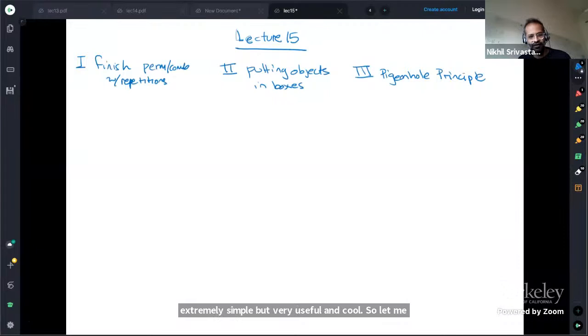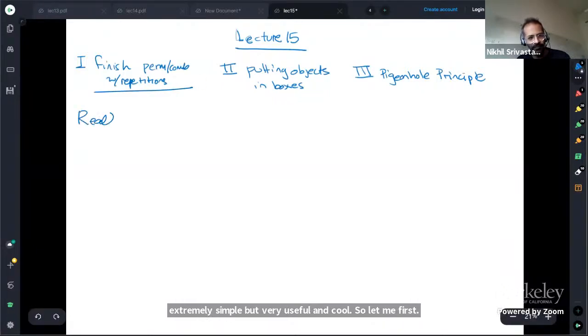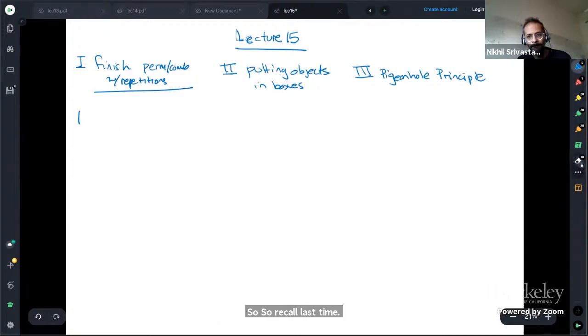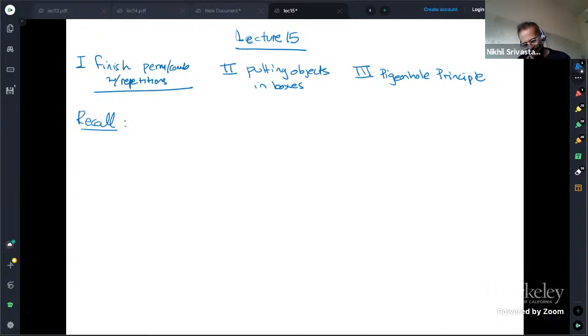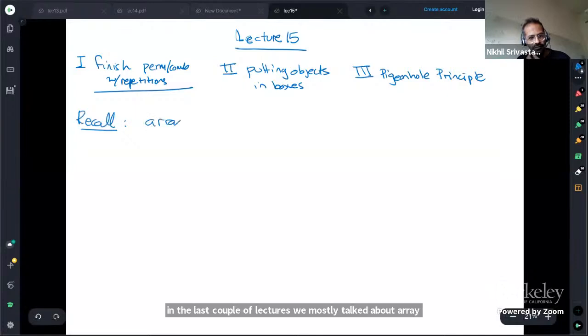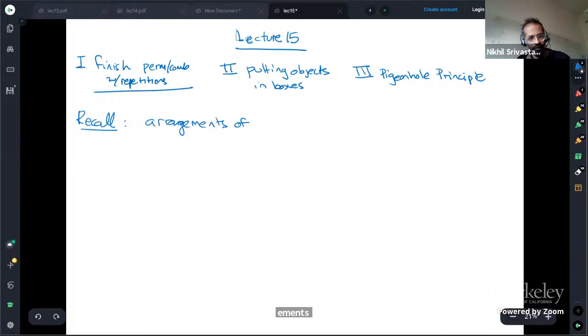So let me first do this. Recall that in the last couple of lectures, we mostly talked about arrangements of R objects chosen from a collection of N objects.